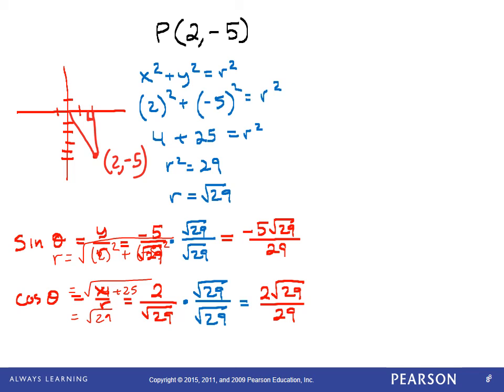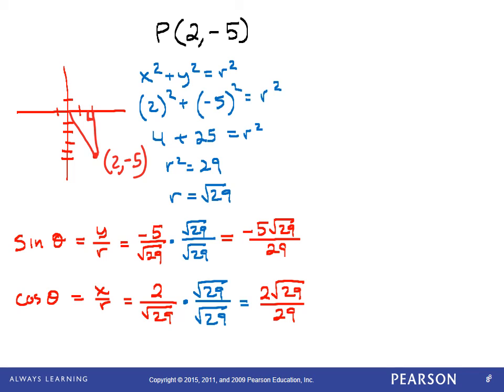All right, since we have that, let's go with sine of theta. Again, the definition is y over r, y coordinate over r value. The y coordinate is -5.